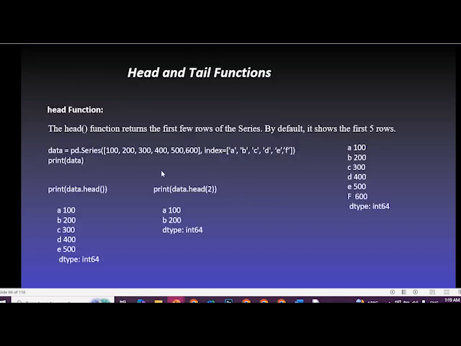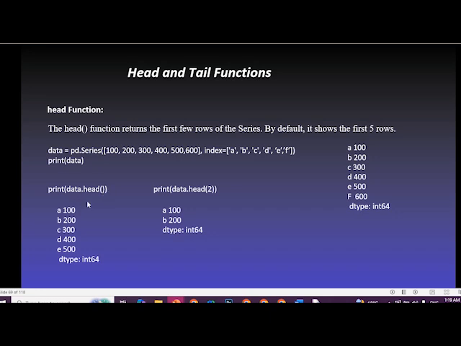Next is head and tail functions. Head function. The head function returns the first few rows of the series. Using head function, we can retrieve the first few rows of the series. By default, it shows the first 5 rows. So this is an example for a series. Now if I write print the series name dot head, then open and close the parenthesis.